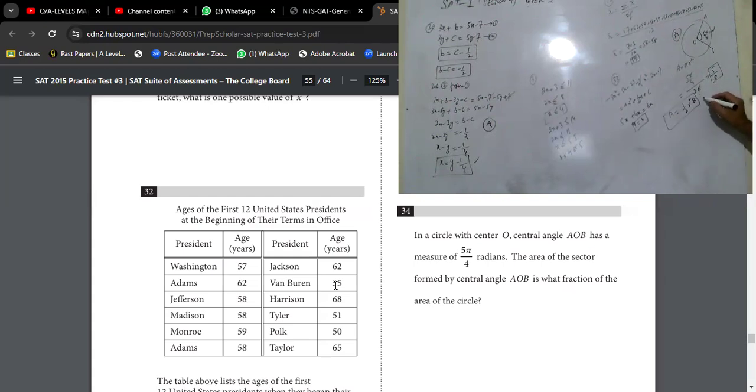Area of the sector is half into r square into theta divided by the area of the circle, pi r square, and r square cancels, pi and pi cancel. So it should be equal to 5 pi by 8. So this is the value of that.